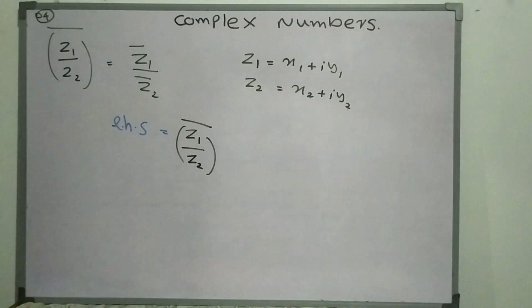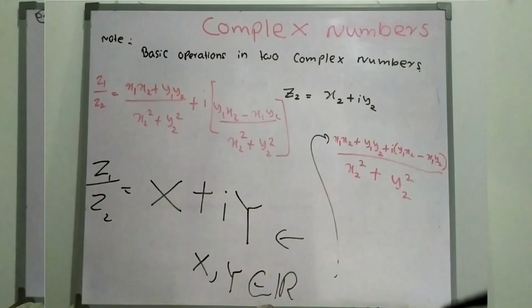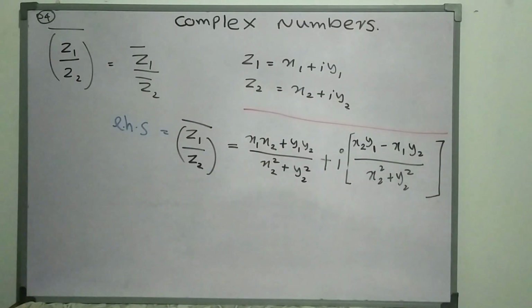I think we have done it; we operated Z1 over Z2 in the previous tutorial, so I'm directly using that result, the final answer of that simplification. We have to simplify it further because we have a conjugate sign.